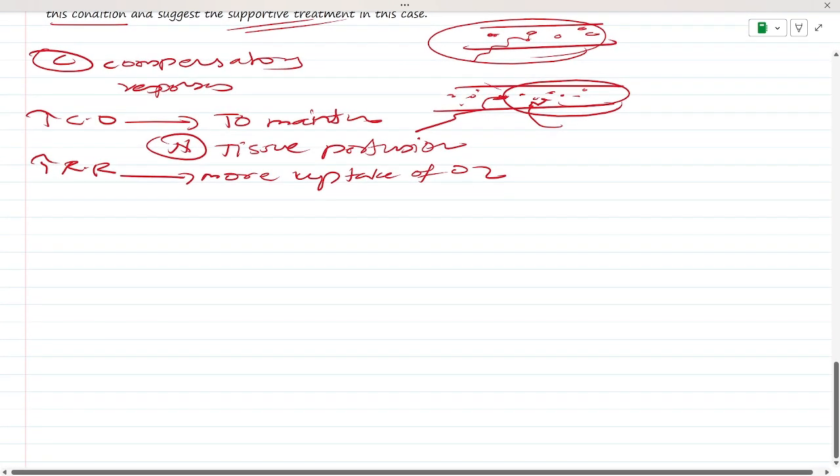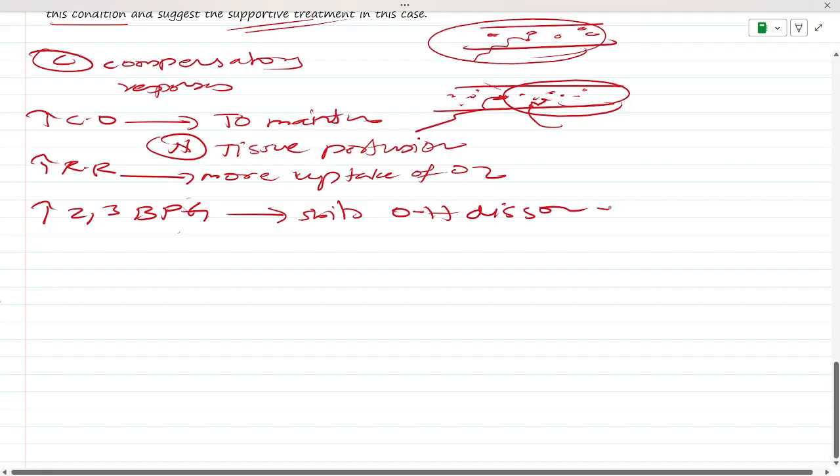And what is another compensatory mechanism? There will be increased 2,3 BPG. What is this 2,3 BPG? It is 2,3 bisphosphoglycerate. You'll be reading about bisphosphoglycerate again in biochemistry. This 2,3 BPG is increased, and it shifts the oxygen hemoglobin dissociation curve to the right.